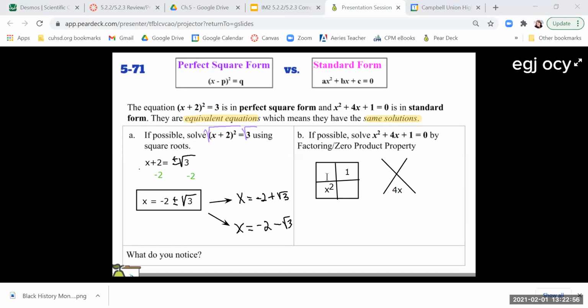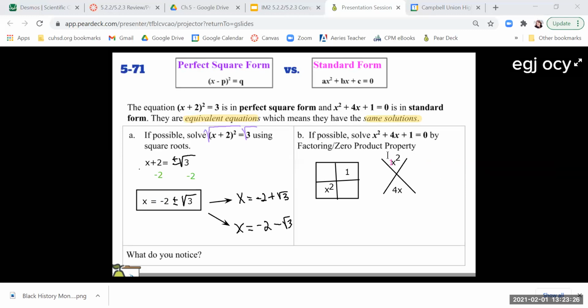But those 2 numbers I choose also have to multiply to be the product of the diagonals that we already know. So x squared times 1. So they have to multiply to be x squared. So now I'm looking for 2 numbers that will do this. And there aren't any. Because remember, there's a 1 right here in front of this x squared.